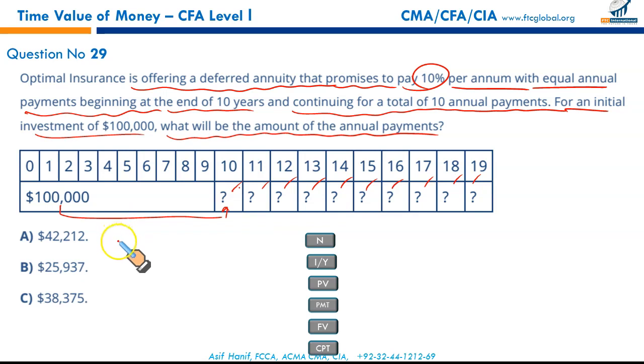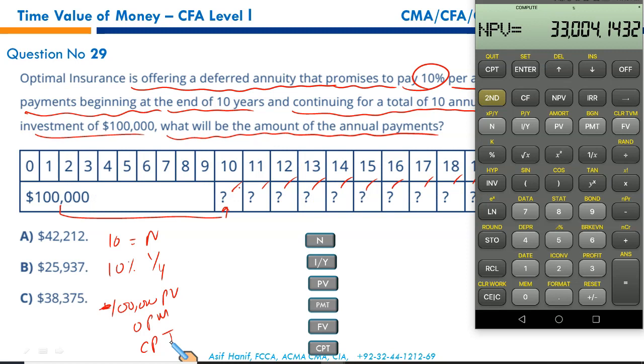So a single payment for 10 years at 10% rate. The present value is, since you're making a payment, an outflow, $100,000. It's PV, no payment. So what will be the future value? Let us first calculate the future value. 10N, 10 interest rate.